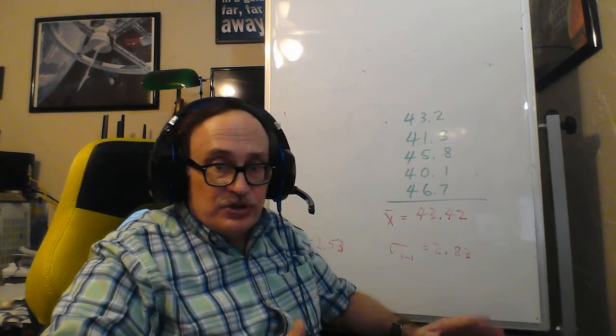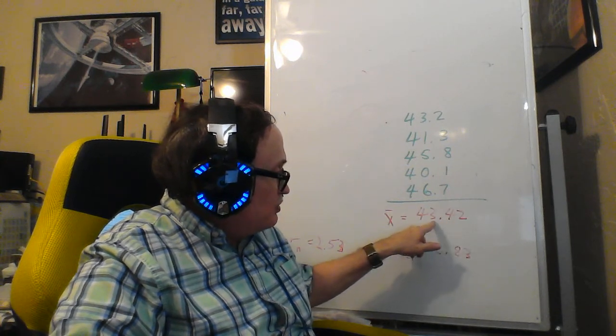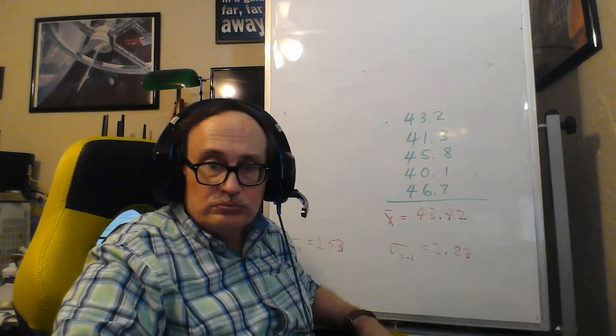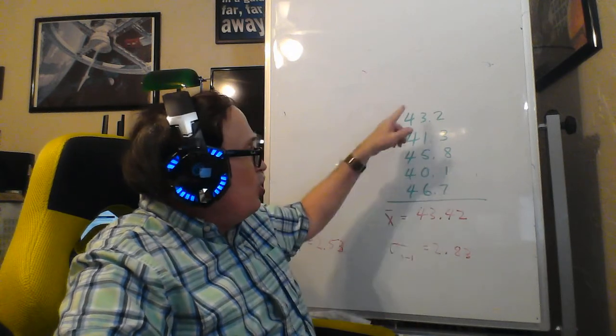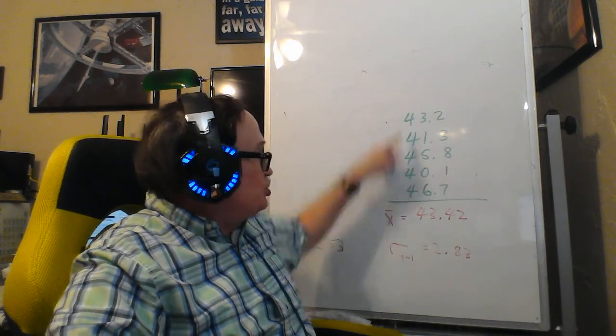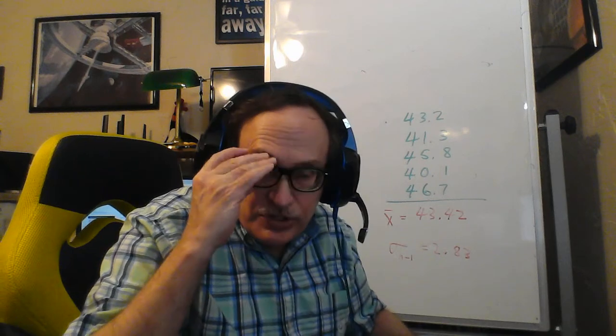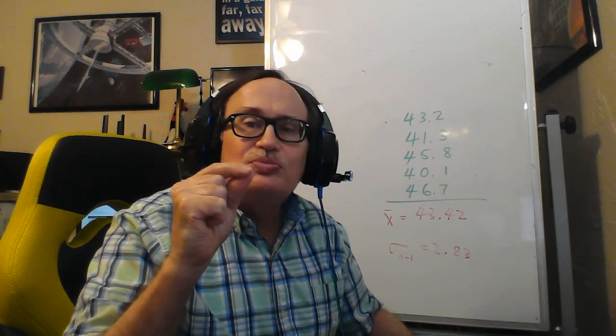What level of significance? Well, these are all 3 significant figures, so you might think you round to 43.4. But notice the numbers are bouncing all over the place. If you take another measurement, what's that next measurement going to be? That's how you find out the level of significance.